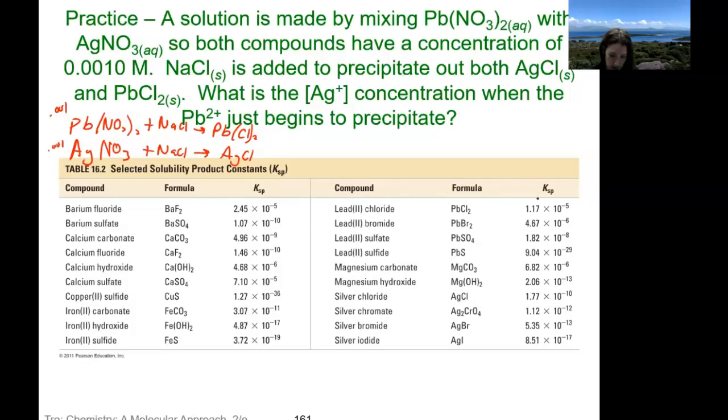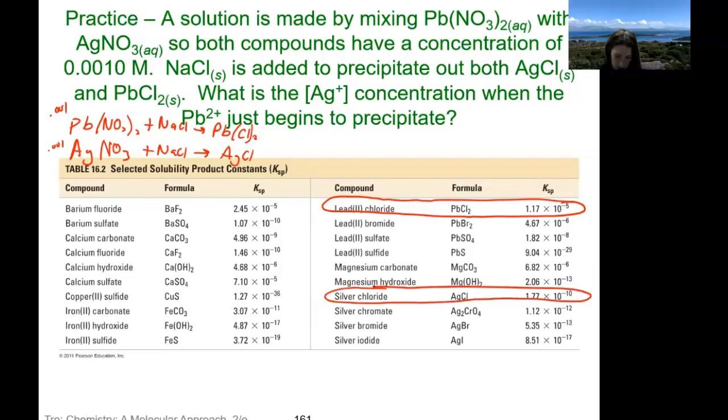So we're going to be using this one and our silver one. Those are our two KSPs we're going to be using, because those are our two solids.